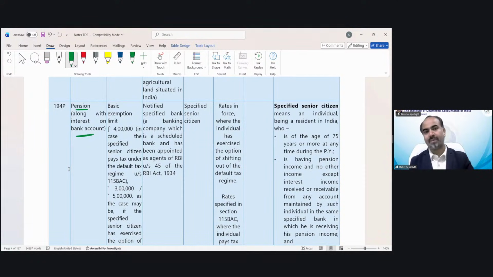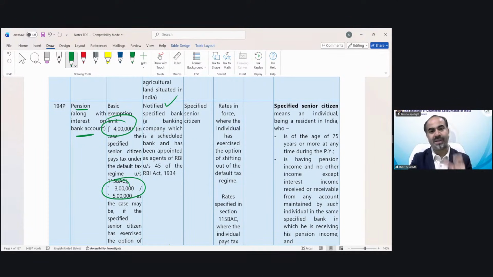It would be applicable if the amount exceeds 4 lakh or 3 lakh or 5 lakh under the optional tax regime. And the payer would be the notified bank which is paying the pension, because the employer will not pay you the pension as service has ended. So from a certain bank, you are going to receive the pension.